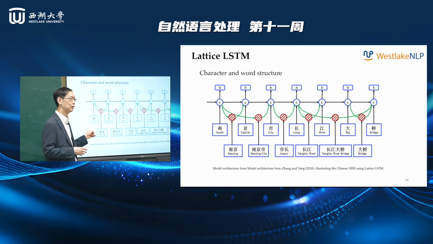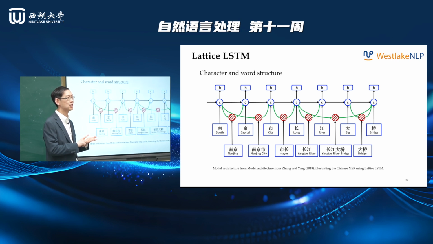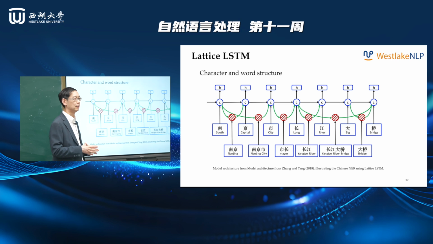For example, if I give you this word, 南京市长江大桥, you don't know whether it's Nanjing 市, Nanjing city, Changjiang Yangtze River, 大桥 Bridge, or Nanjing 市长, Nanjing Mayor, 江大桥. So it's ambiguous. Then why don't you just put all the possible words here?